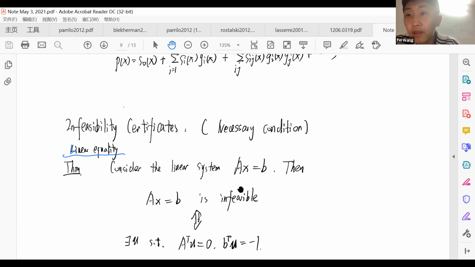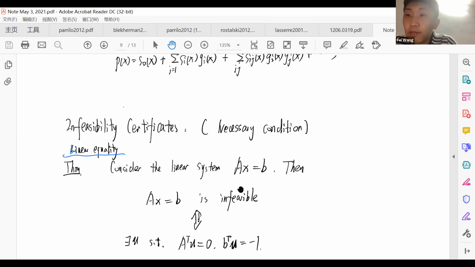Therefore, to use the necessary condition to show that this is not non-negative, we have to do what is called an infeasibility certificate.